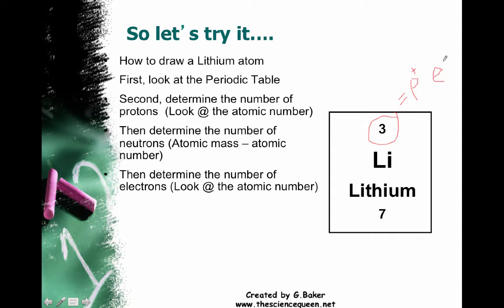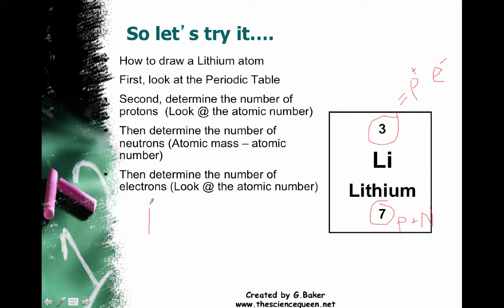Positive, and our electrons are going to have a negative charge. And then this 7 down here is going to equal the protons plus the neutrons, and that's our atomic mass. Even if we look at those Bohr models, these protons and neutrons are bigger than the electrons, so they hold most of the mass. So we need to determine the number of everything that we have.